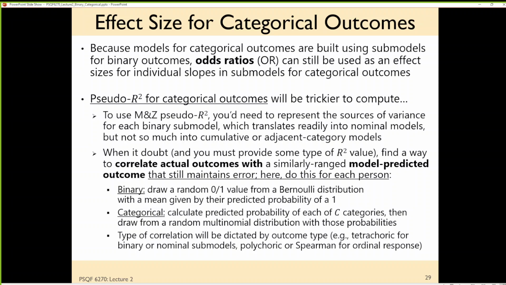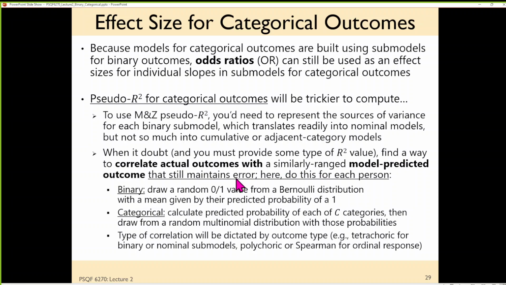Because what if you had somebody at 0.49 and 0.51, they get shoved into the ends of 0 and 1, versus like 0.9 and 0.1? Those are much closer to the endpoints. So I don't like the idea of collapsing or rounding your probabilities into zeros and ones because I feel like that loses a lot of the error of prediction and the precision.